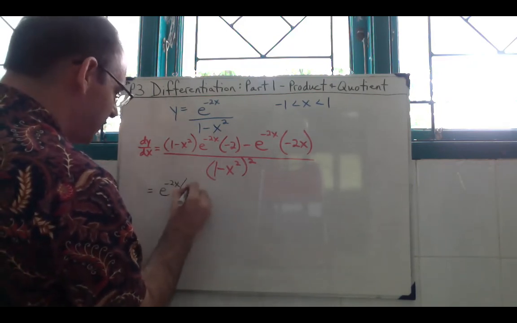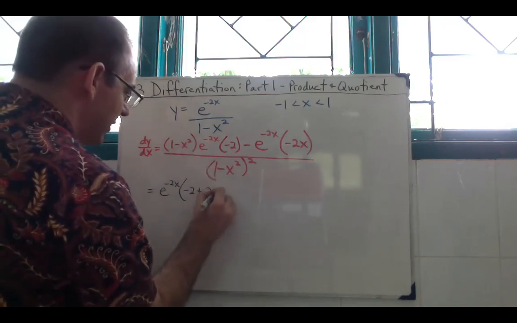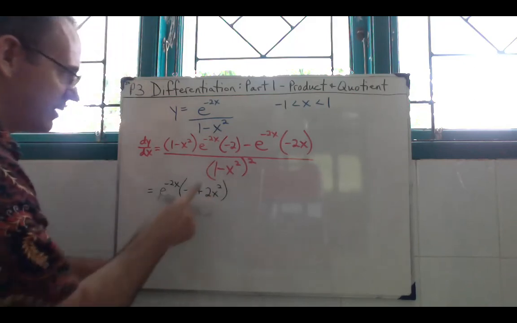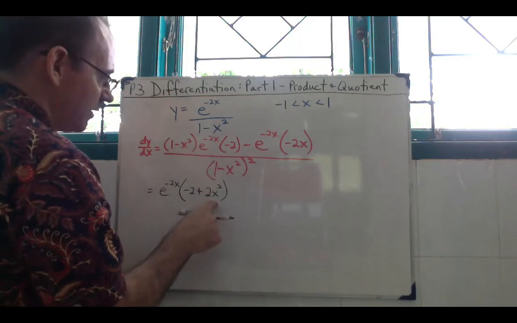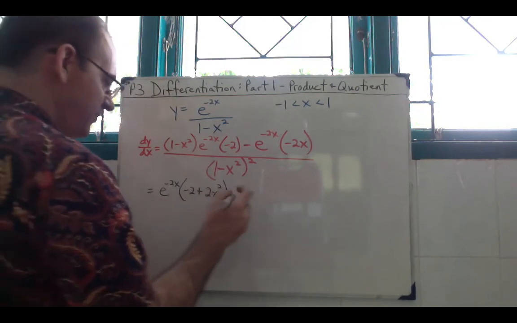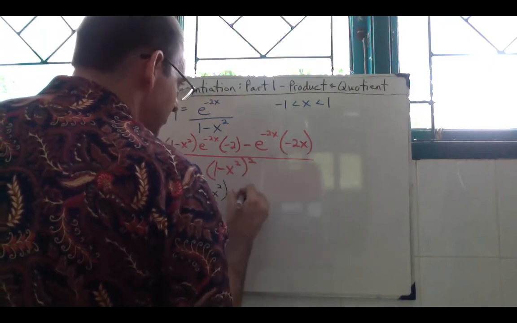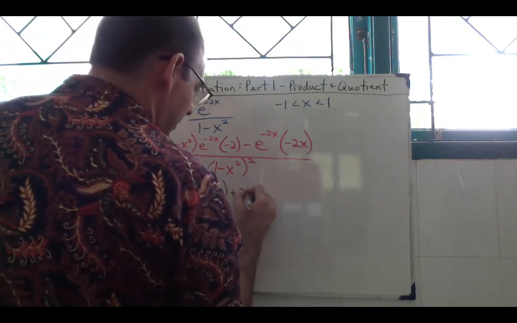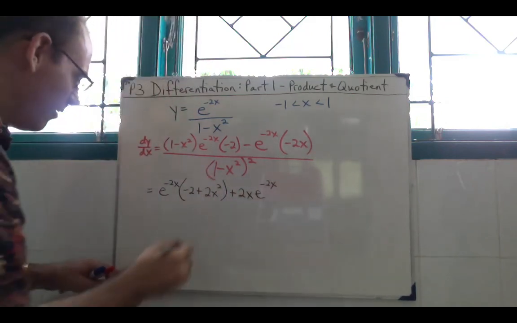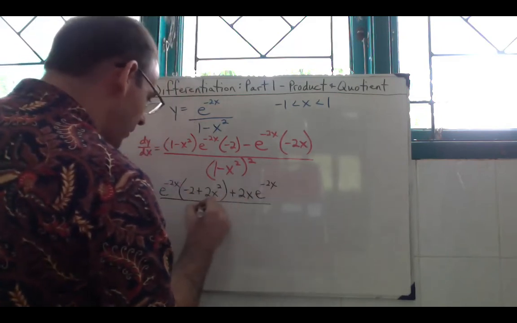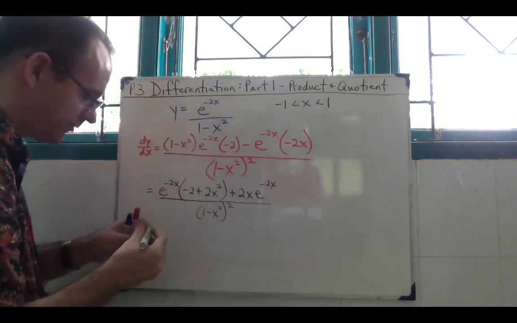So that's a negative 2 plus 2x squared. Just distribute the negative 2 in here. Negative 2 plus 2x squared. We'll leave the e to the negative 2x out here. And this then becomes a plus 2x e to the negative 2x, all over our 1 minus x squared, the square of what's below.